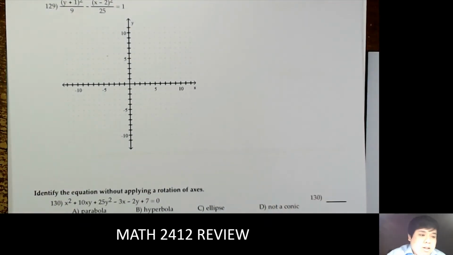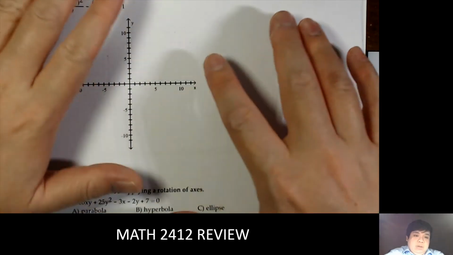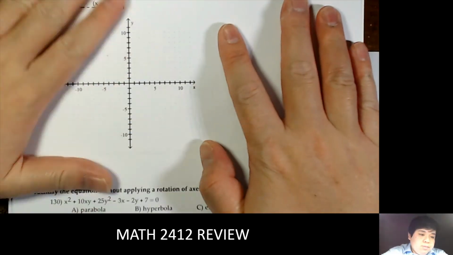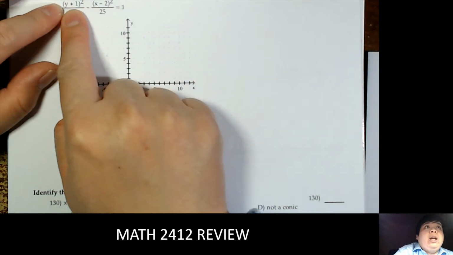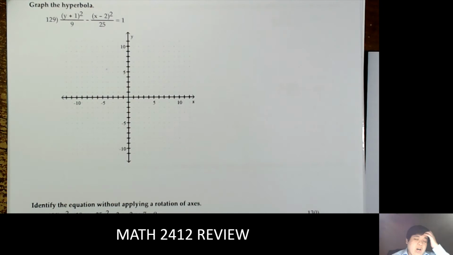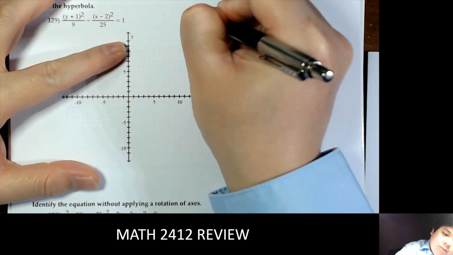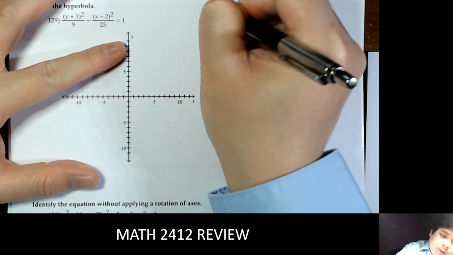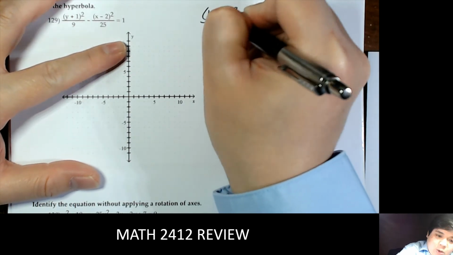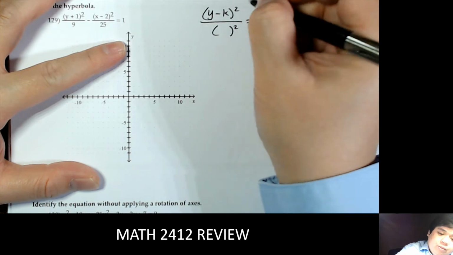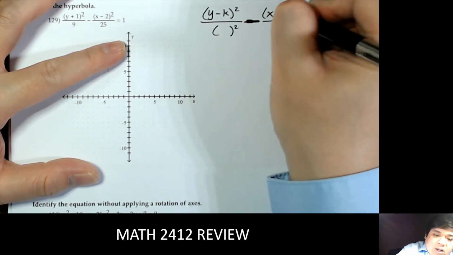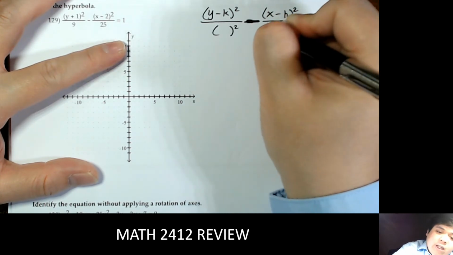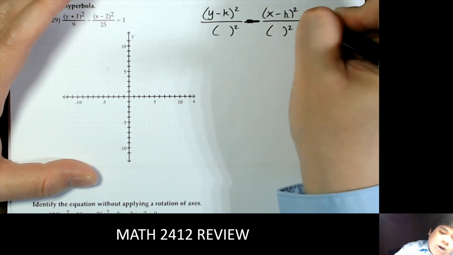Graph the hyperbola. That should be easy if we just want the graph. First, compared to this, start with y. So it's going to be up and down, the vertical hyperbola. So let's say y minus k squared over something squared, minus x minus h squared over something squared equal to 1.